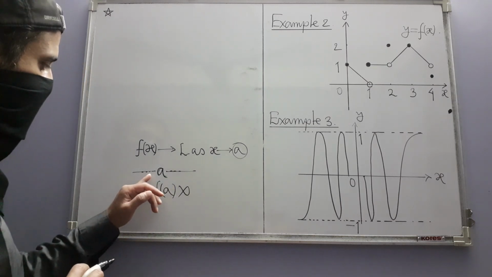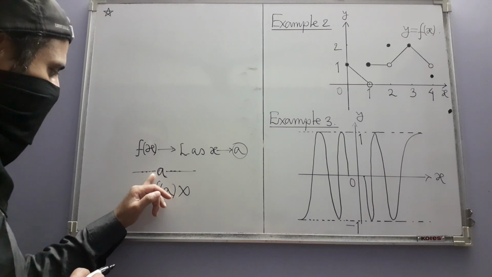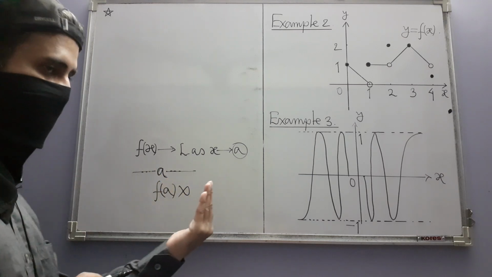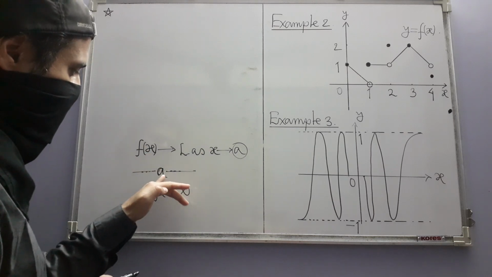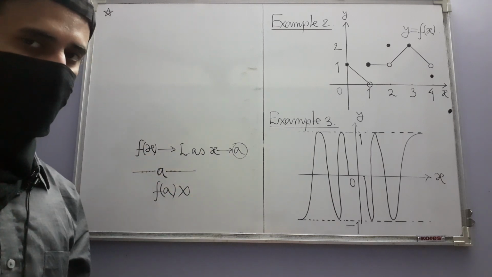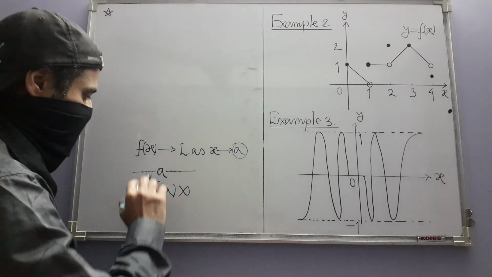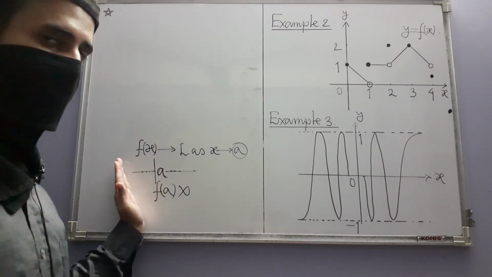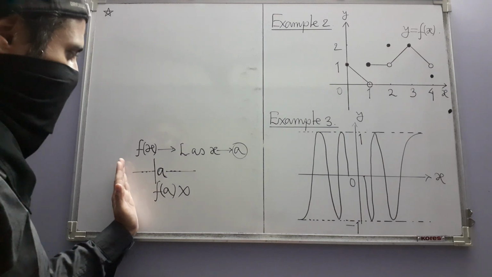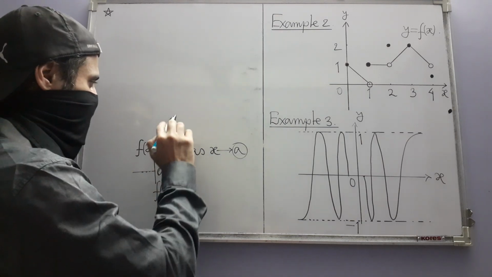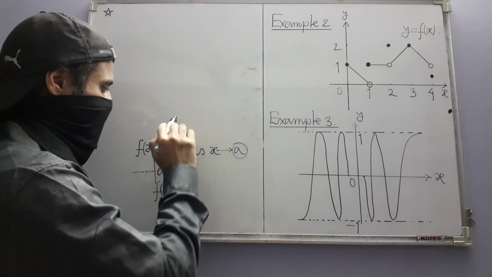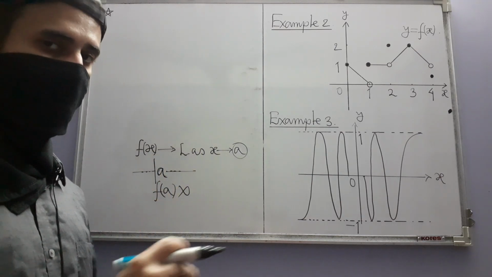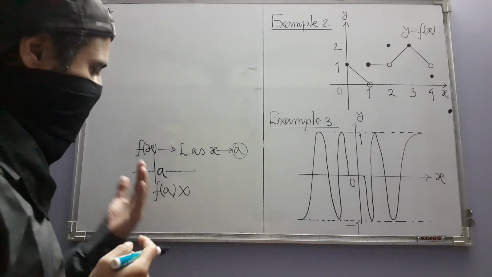That is, you should be able to have points lying on the left side of a, and also inputs lying on the right side of a. If the function is, say, not defined at all on the left side of a, then you cannot even ask whether the limit of f at a exists, because there is nothing on the left side of a.